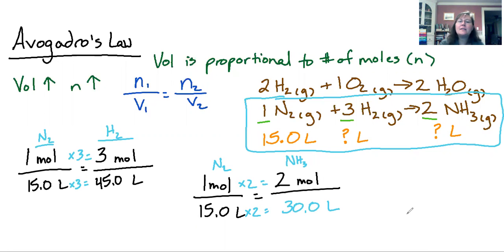And again, this is a very different kind of problem from what's in the slides, but I think it's really useful to see that you can use Avogadro's law to link the coefficients in a balanced equation to the volume directly.